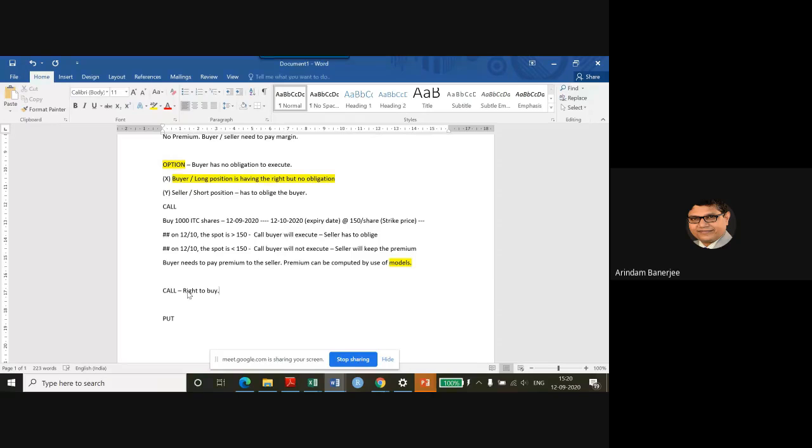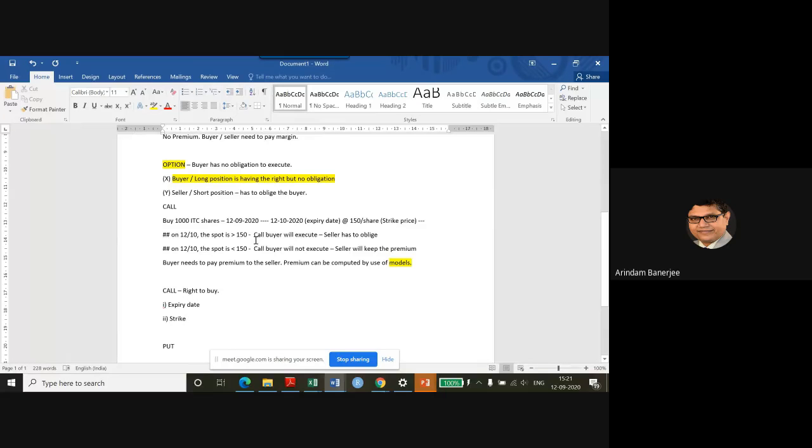And what are the parameters? The first parameter is the expiry date. The second parameter is the strike.